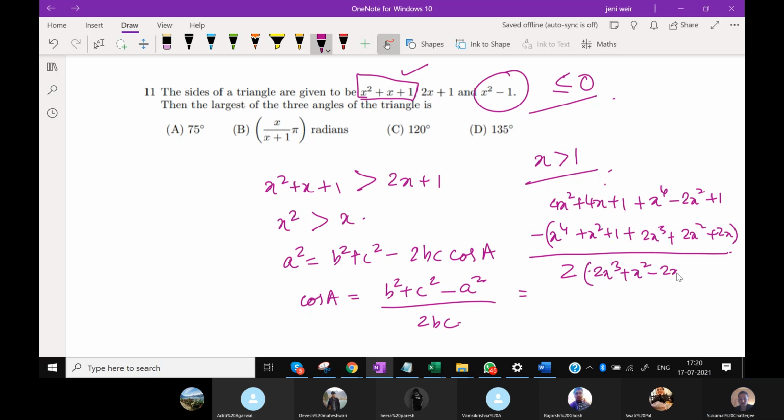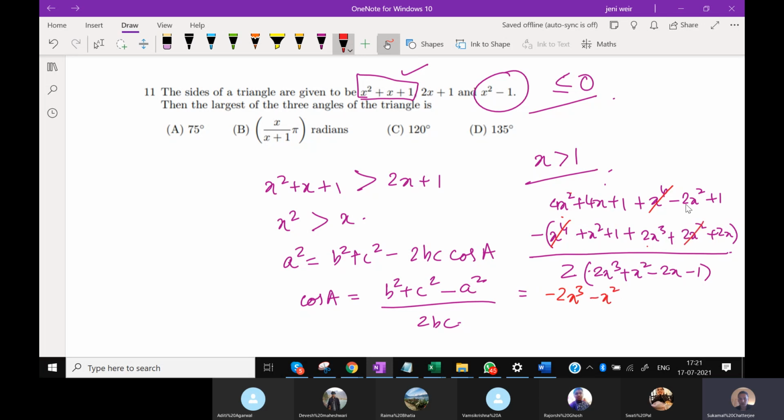Now, if you look at the numerator, x to the power 4 and minus x to the power 4 will cancel out, and you have minus 2x cube. Then you will have 4x square minus 2x square, which is 2x square, minus 2x square, and plus x square, which would be minus x square.